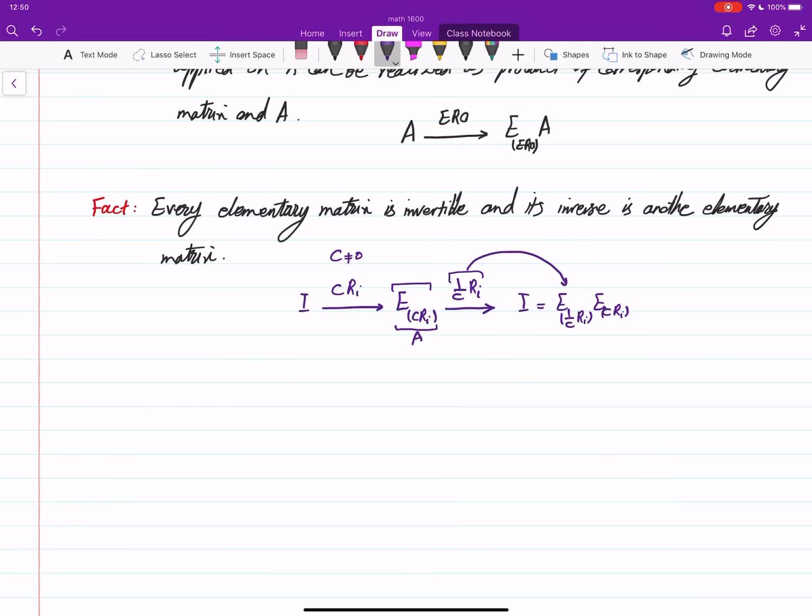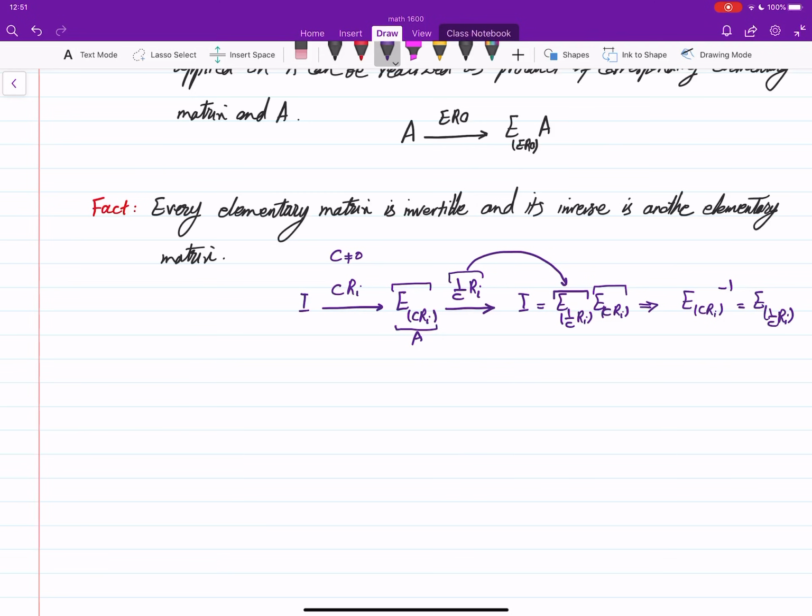What we show here is that this matrix multiplied by that matrix gives us the identity. This is a starting point saying that this needs to be invertible. We have to check the other way around also, but in this case it will work. And what we showed here is that this matrix is the inverse of that one. So E of cRi is invertible and its inverse is E of (1/c)Ri.